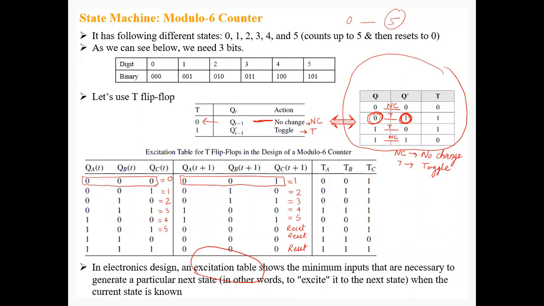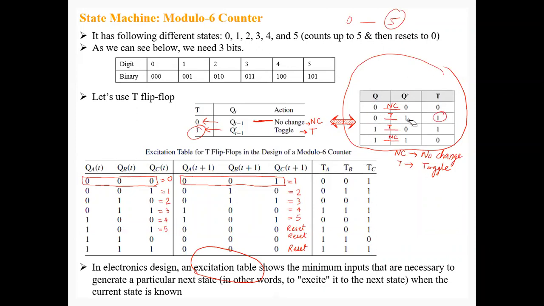Can I call it toggle mode? Yes. For the toggle mode to happen, what should be the value of T, 0 or 1? 1. That's why I have this 1 here.